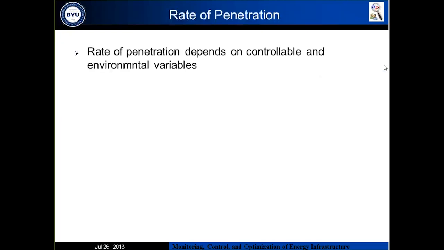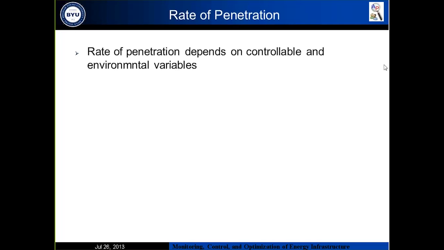So again, in my project, I will be using rate of penetration. Rate of penetration is basically defined as the length drilled divided by the time, and it depends on many variables, which are considered either controllable or environmental variables. Controllable variables are those whose values we can change as we like to affect the rate of penetration.